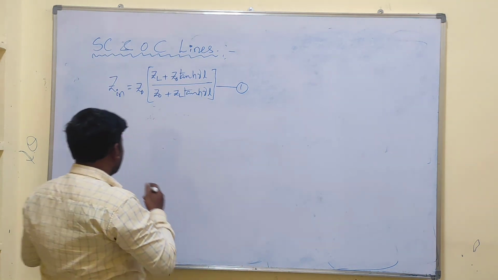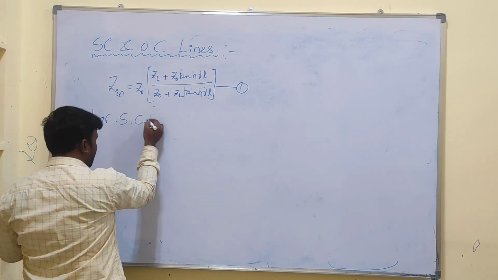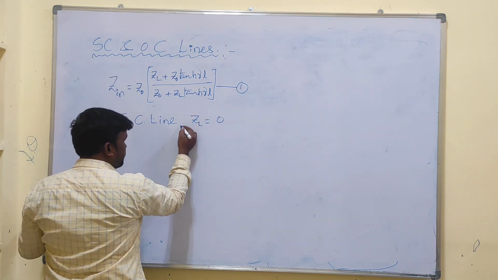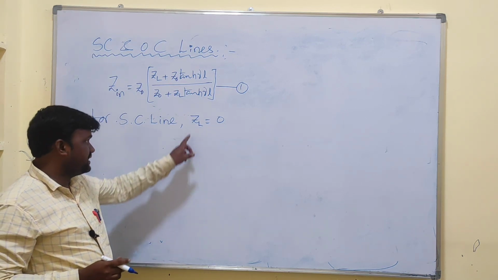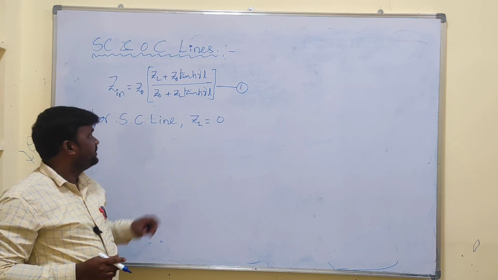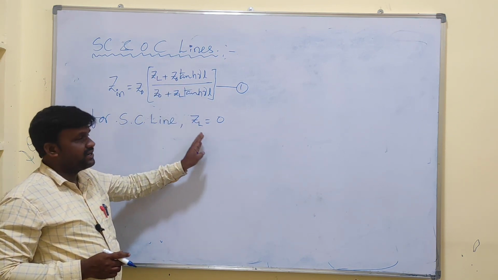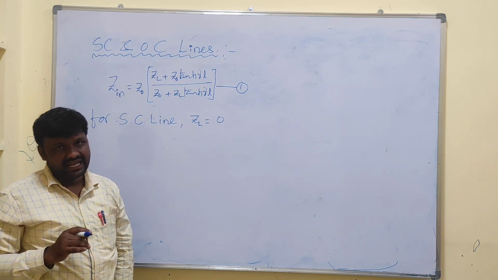So for the SC line, ZL equal to 0. By substituting ZL equal to 0, we will get the input impedance for the short circuited line.